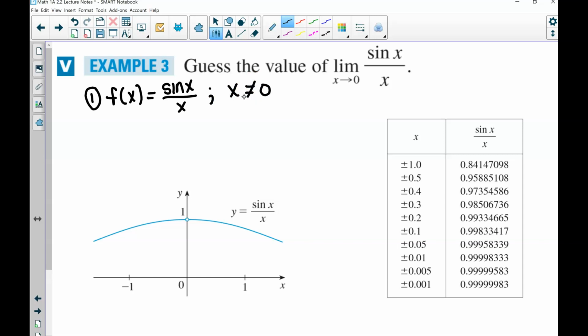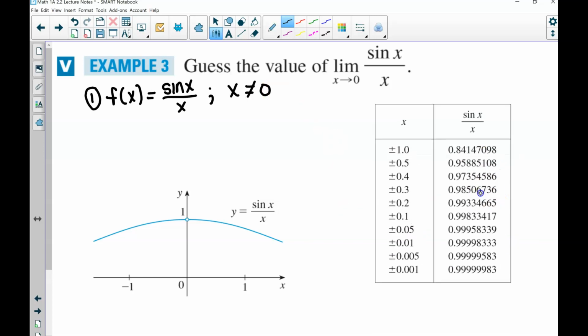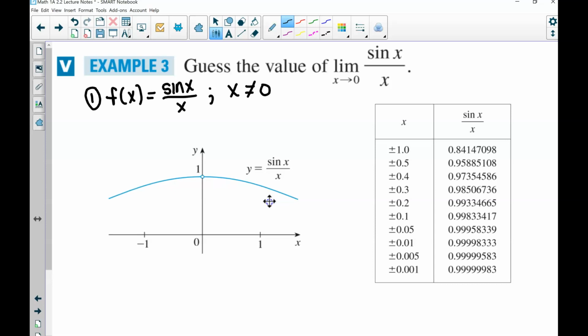Now using a calculator, remember that if x is a real number, the sine of x means the sine of the angle whose radian measure is x. So when we construct the table of values correct to 8 decimal places, from the table and the graph that you can see, what's happening as we are approaching 0 from the right and from the left?